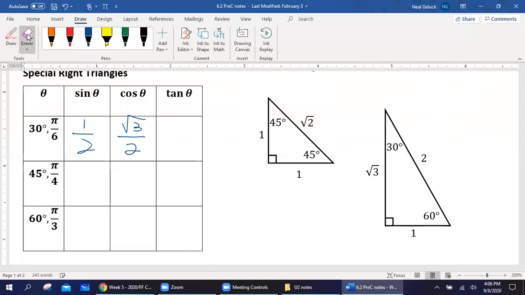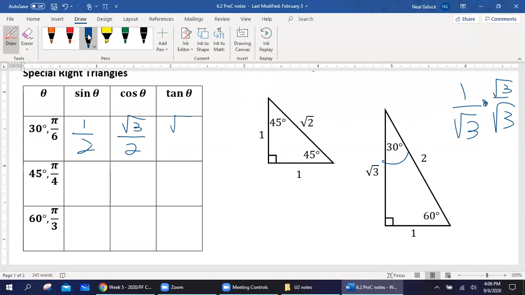Now for the tangent, it would be opposite over adjacent, 1 over root 3, which I am going to rationalize. The only reason I'm going to do that is because you typically see it written rationalized. So if you remember to rationalize, I times top and bottom by the radical in the bottom, and that would give me root 3 over 3. That's what we typically see for tangent.